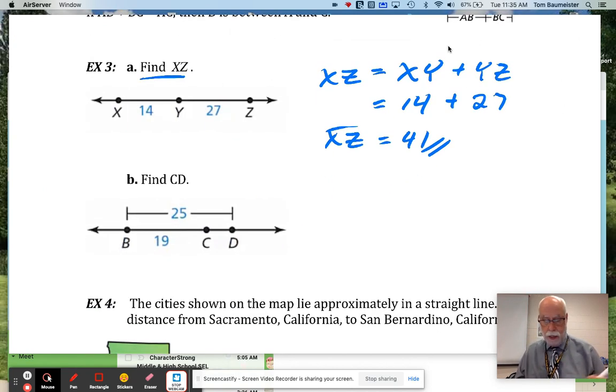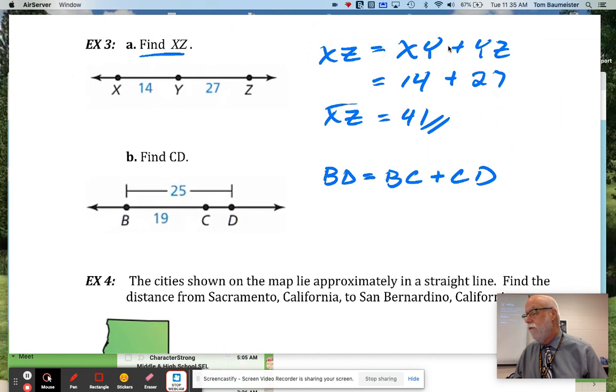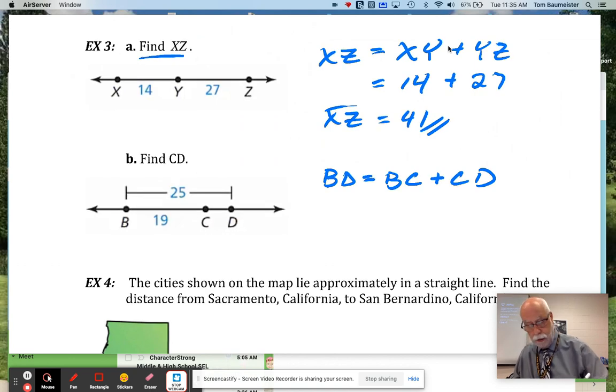Now, sometimes you're going to have to find the part, and you know the whole on this one here. So again, we know that the whole is BD, and we know that it equals BC plus CD. So let's just fill in the blanks here. BD, the whole length, is 25.